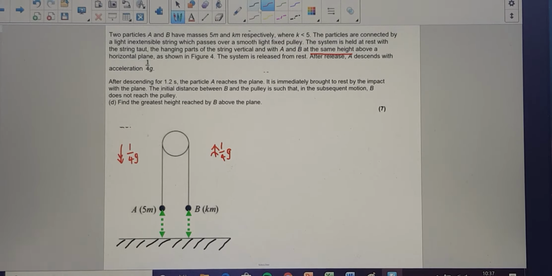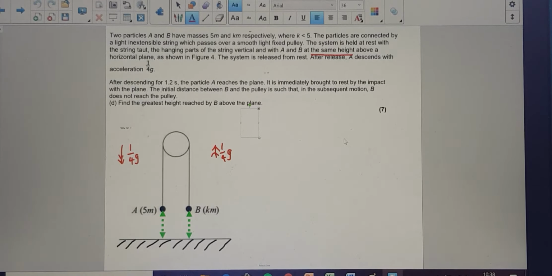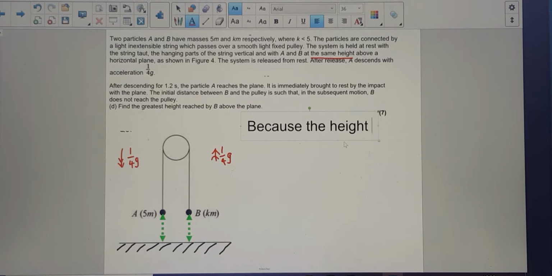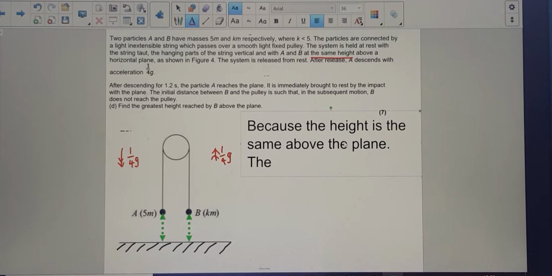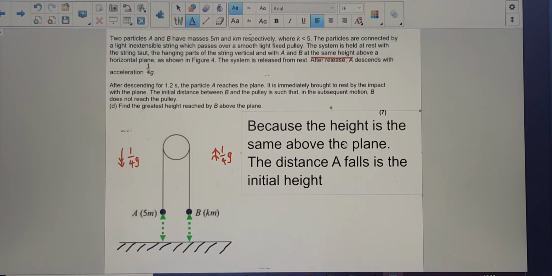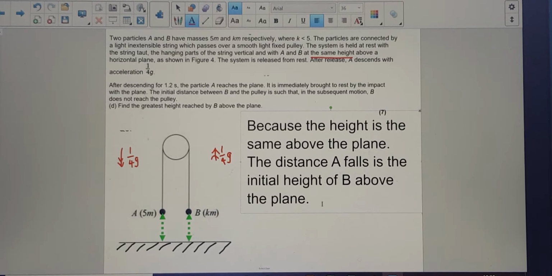Okay, right. So I'm going to write that down so you've got it nice and clearly. I'll use the text bit here, yeah? Because the height is the same above the plane, the distance A falls is the initial height of B above the plane.